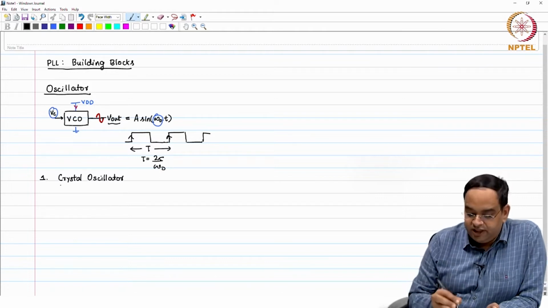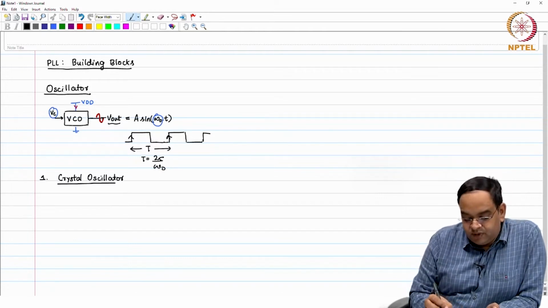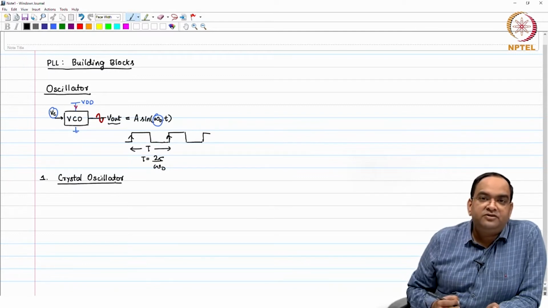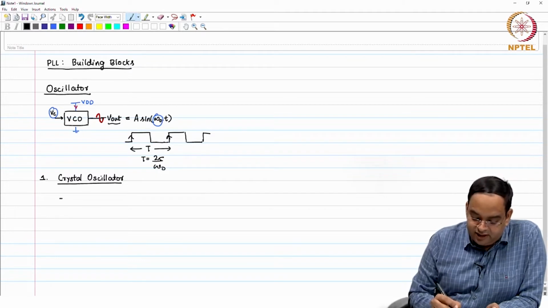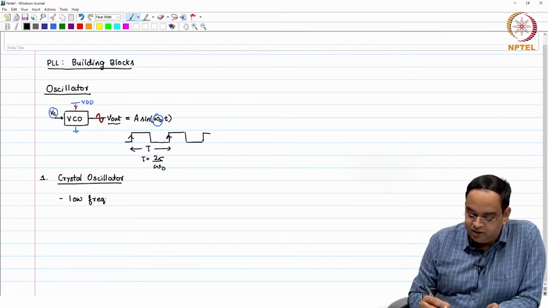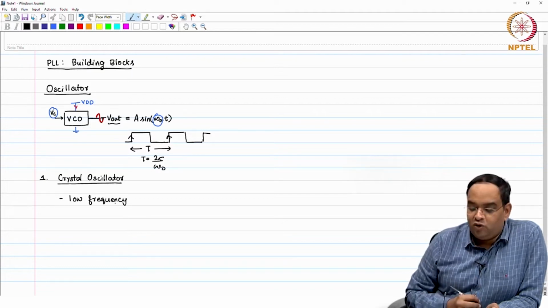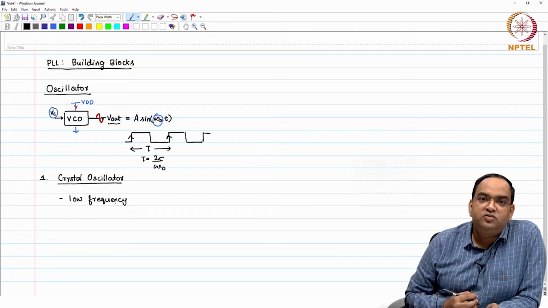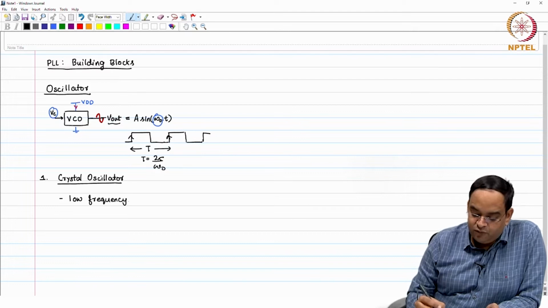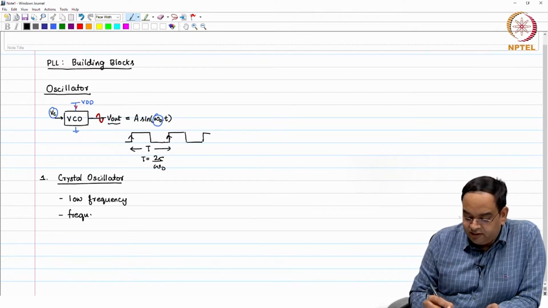The crystal oscillator operates on the piezoelectric phenomenon, and its characteristics are as follows. It generally gives a low frequency output, ranging from a few kilohertz to a few hundred megahertz at the max. The output is low frequency, and the frequency stability is excellent.